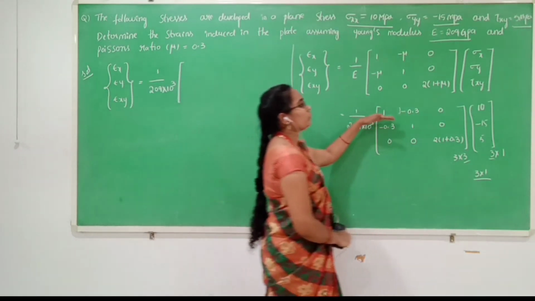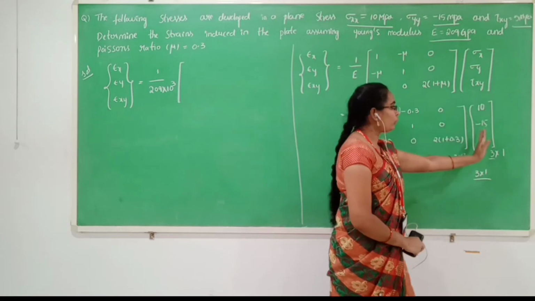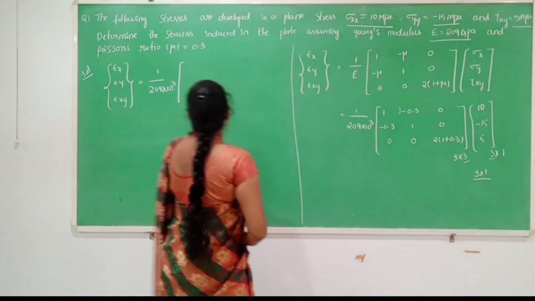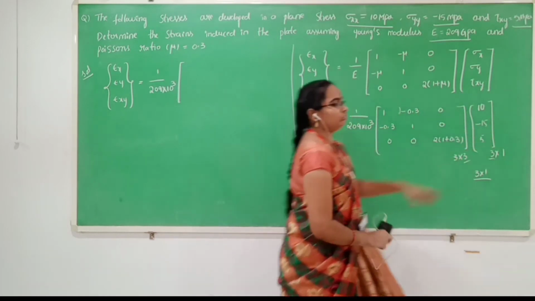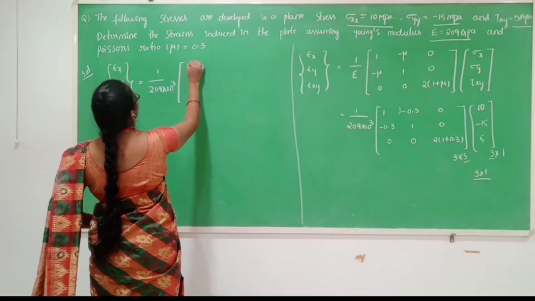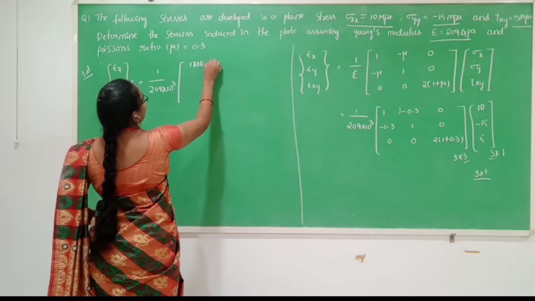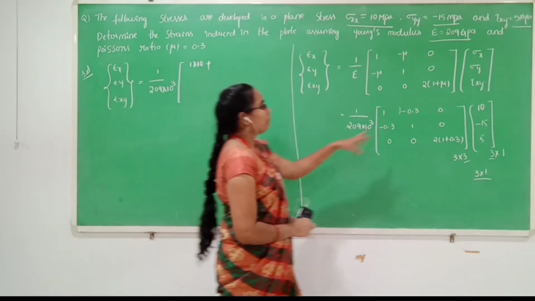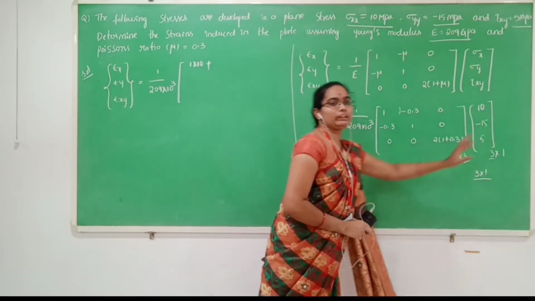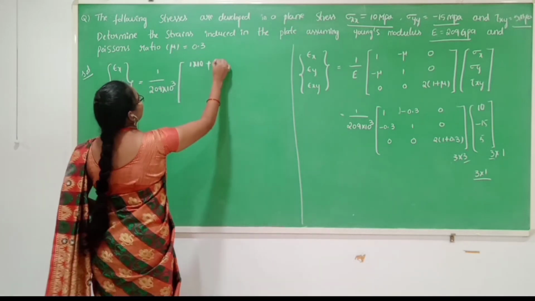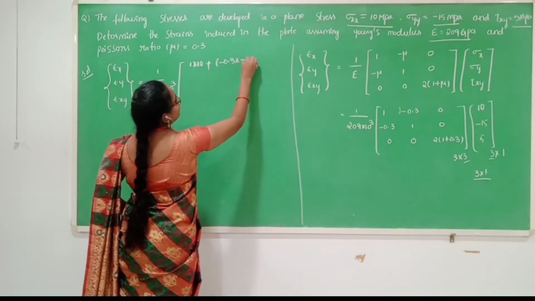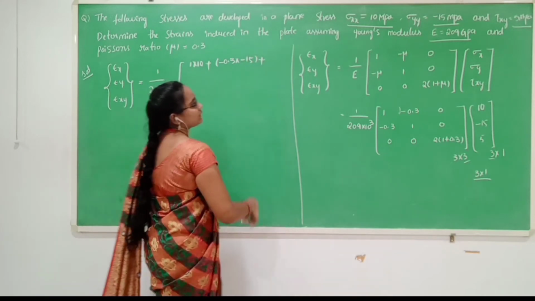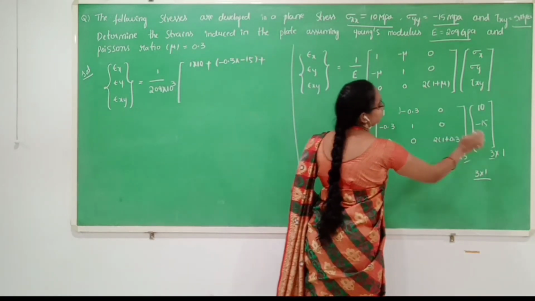The first row is multiplied with the corresponding column to obtain the first value: 1 into 10 plus minus 0.3 into minus 15 plus 0 into 5.